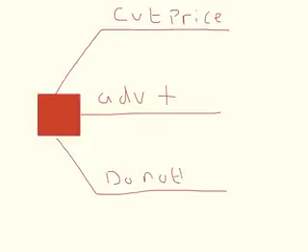So it still needs to be shown on the decision tree. So here we have the square, which is the start of the decision tree and shows that there are choices to be made. The choices shown are via the lines coming off the square, so cut price, increase advertising, or do nothing.